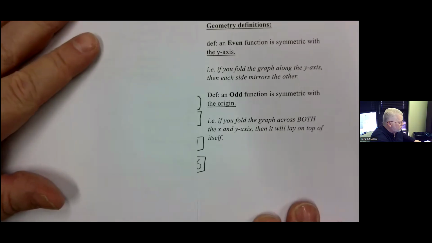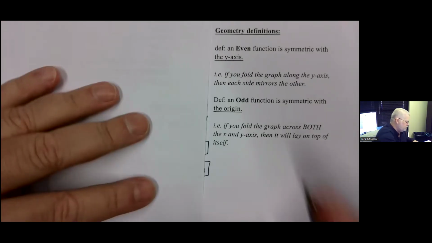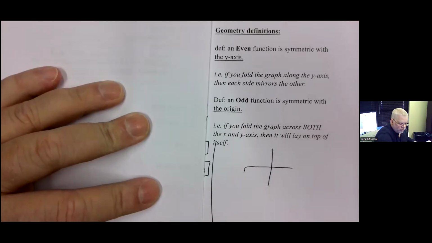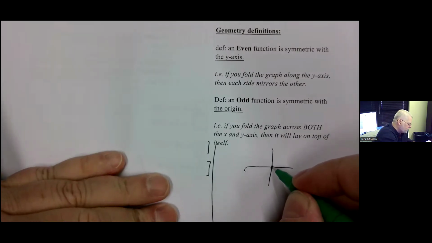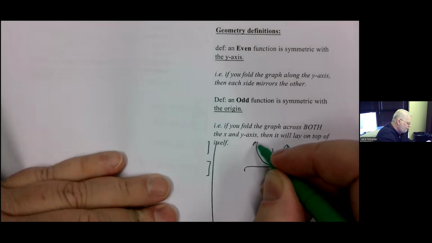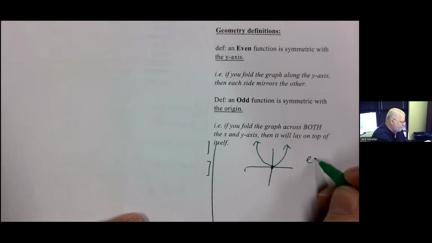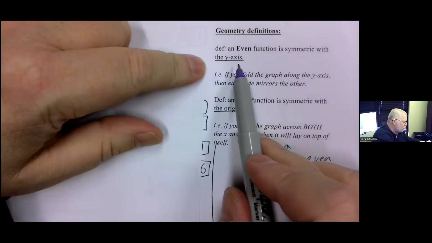The geometry definition of an even function is that it's symmetric with the y-axis. What that means is, say we have a parabola that has a little low point at 0, 0. This would be even, because when we're talking about symmetry, we can say it's symmetric with the y-axis.